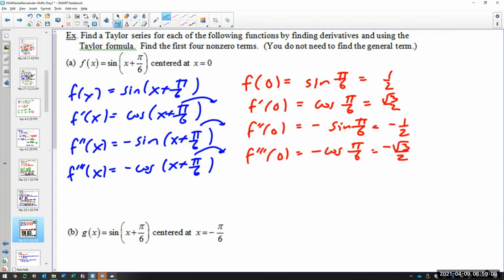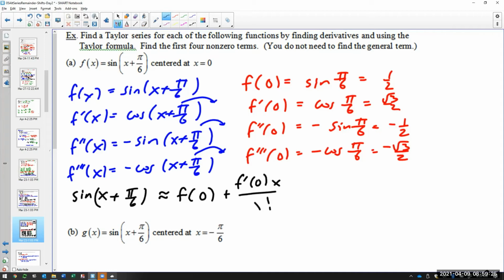So what this is saying is sine of x plus pi over 6 is approximately equal to the Taylor series, which is f at your center, which is 0. And so then you just put this into the Taylor series. And I know some of you guys are like, Ms. Chang, I can do this without writing all this. But I'm writing this because two things.